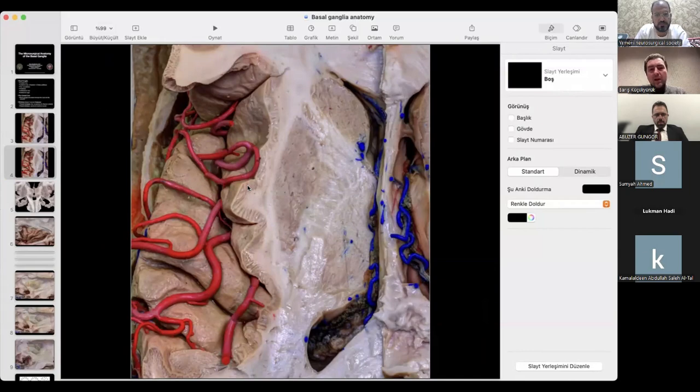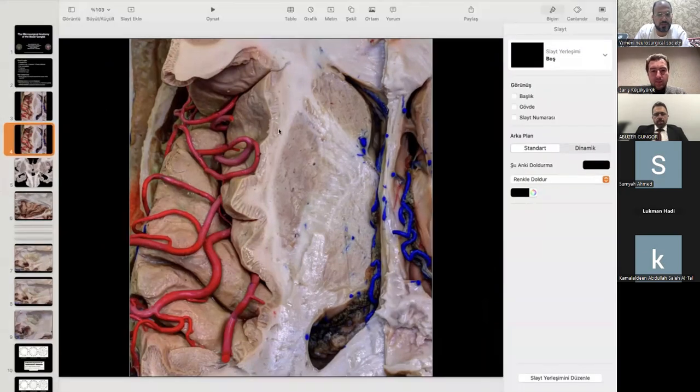Okay, but I think it's better we go this way because the sizes of these pictures will be the same. So let me go like this. It will be better, I guess. Okay. So now we are looking at the left central core.